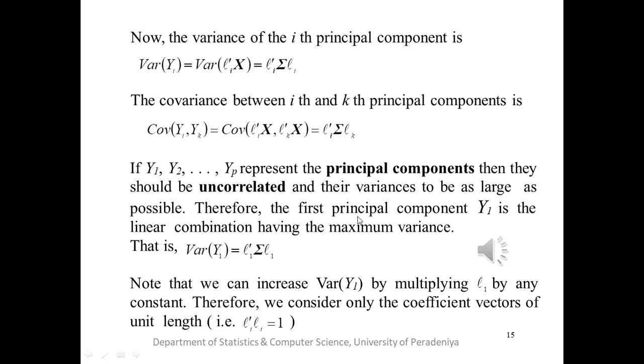Therefore, the first principal component y1 is the linear combination having the maximum variance l1'Σl1. But, we can increase the variance of y1 by multiplying l1 by any constant. Therefore, to avoid this discrepancy, we consider only the coefficient vectors of unit length, that is l1'l1 equals 1.